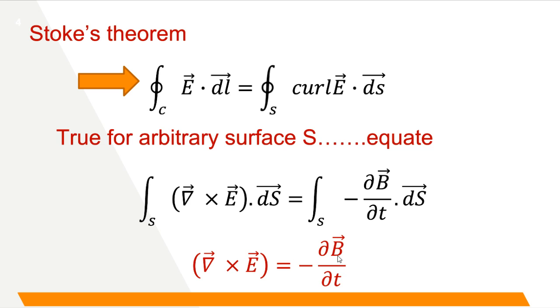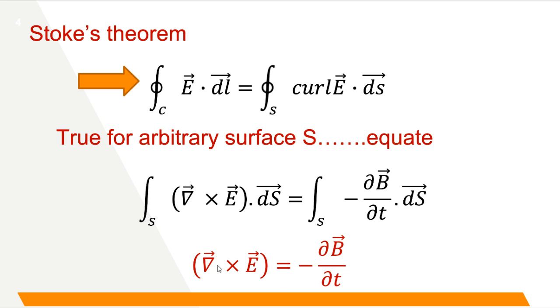So what it relates here is the space derivative of the electric field at a particular point is equal to the time rate of change of the magnetic field at that point. What it says is, at any point, if there is any change in the magnetic field with respect to time, then at that point the electric field is produced, or the potential difference is established, or an EMF is induced.